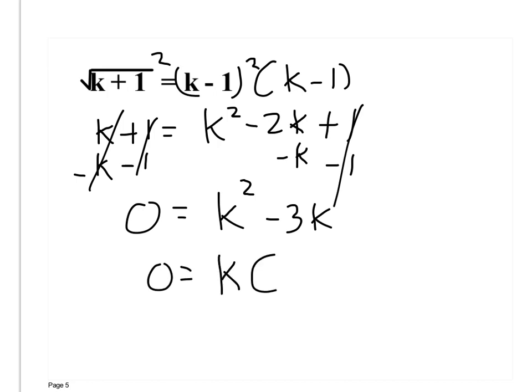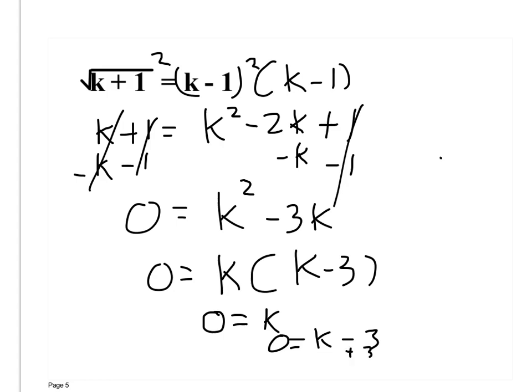Which would be what's left? k minus 3. Right? And then I solve both of those, where I do 0 is equal to k, and I do k minus 3 is equal to 0. So I'd add 3. My two answers are 0 and 3.